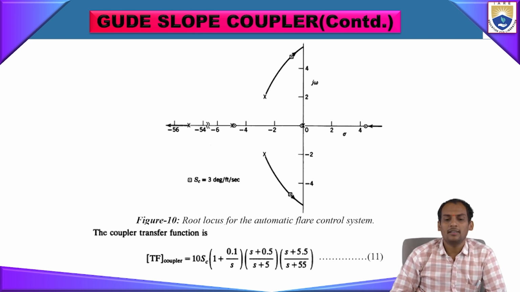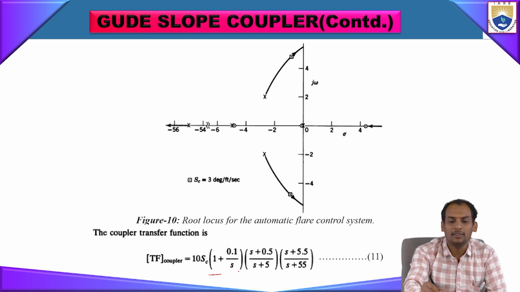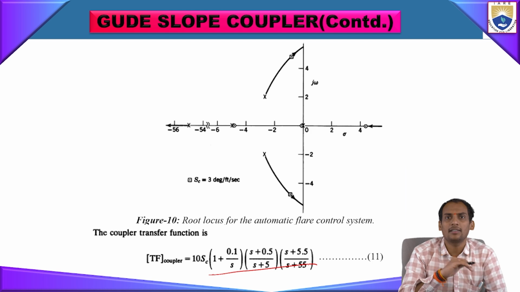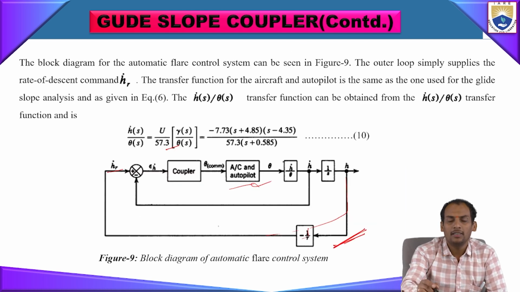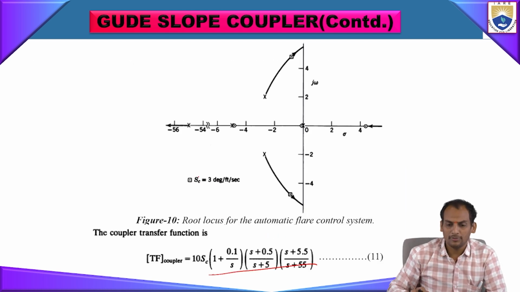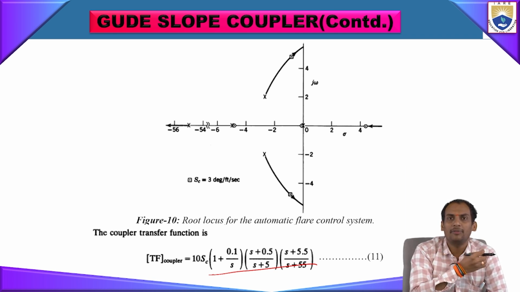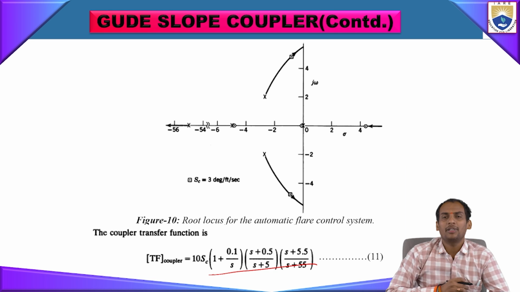So here the coupler transfer function will be this one. If you see, 10 sc into 1 plus 0.1 by sc. Previously it was s plus 0.585 like that.